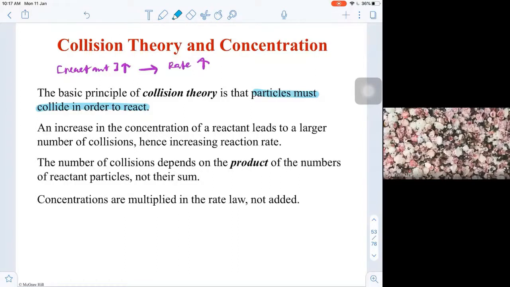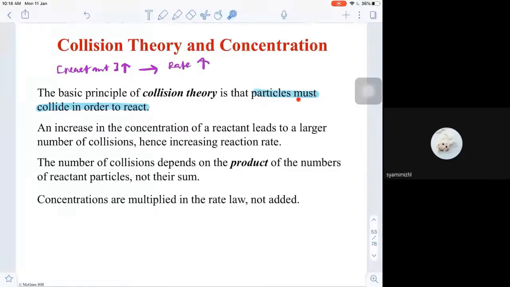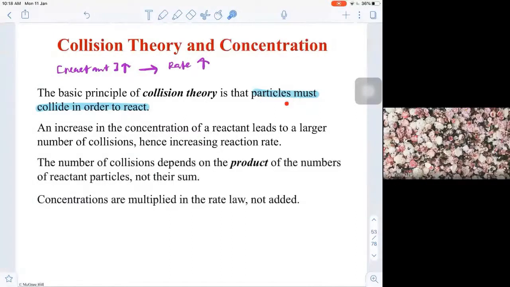For the reaction to occur, the reactant particles must collide first. So when we increase the concentration of the reactants, the number of reactant particles will increase, the number of collisions also increases, and then the product will increase, so the rate of the reaction will increase.